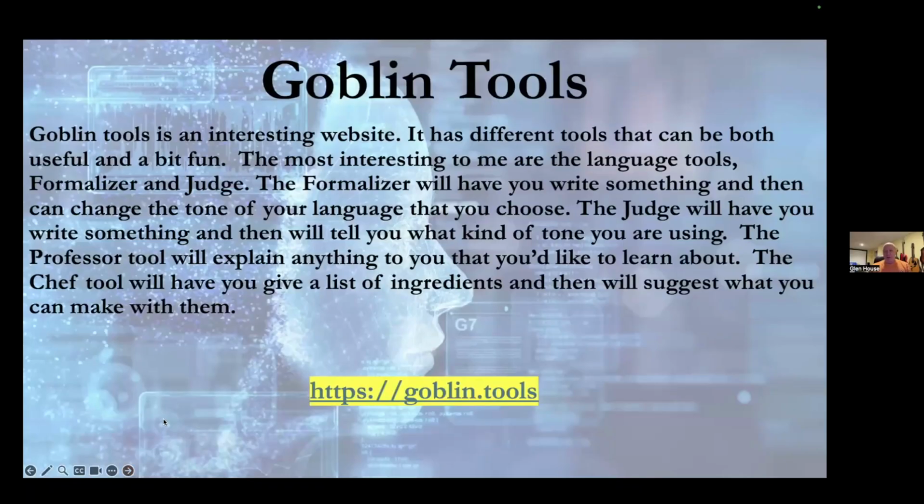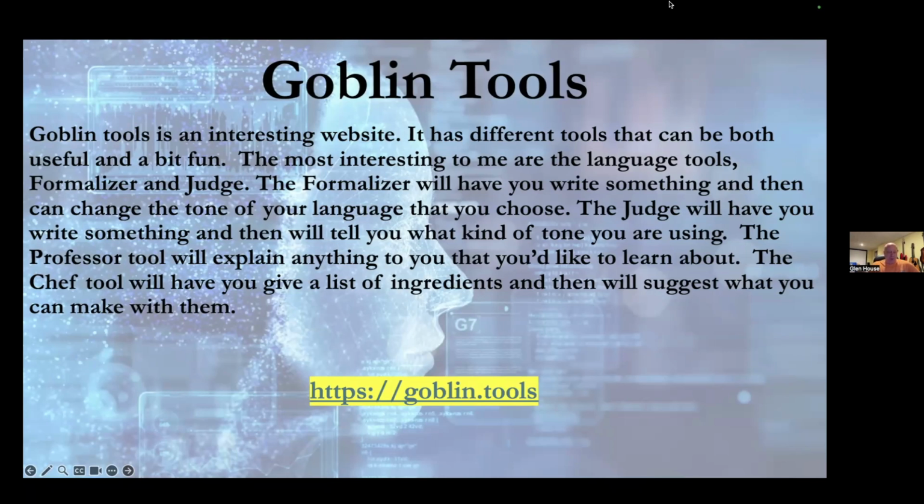All right, my next one is called Goblin Tools. And this is kind of an interesting website because it's just got a number of different tools you can use. To me, the most interesting ones are the language tools, Formalizer and Judge. The Formalizer will have you write something, and then it will change the tone of your language as you tell it what tone you want it to use.